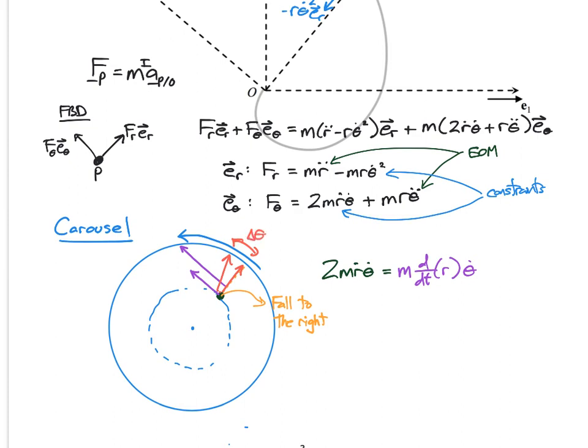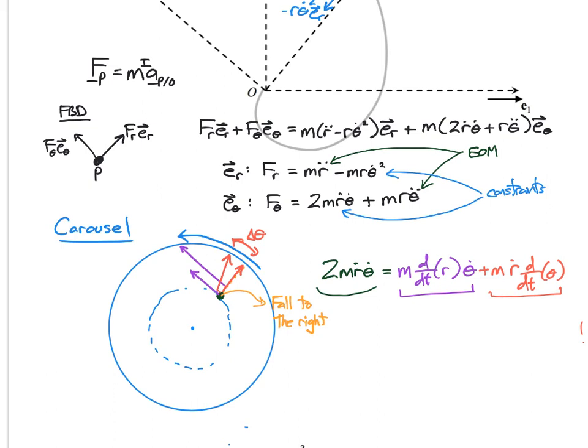And so we would capture this here as an m, and then we've got our r dot term, and then the time derivative of theta. And so it's these two components, stepping to a spot on the carousel which has a higher speed, and the change in the direction of how we're moving out on that radius, that are both contributing to what we call this fictitious force, this Coriolis force.